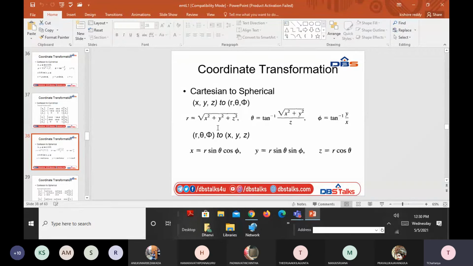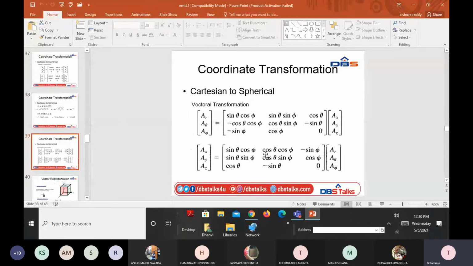And if you want to know the vectors along the sphere and the vectors along the Cartesian, then again we can go for the matrix representation. So I want to know the unit vector along the radius, the vector along theta, and the vector along phi. Then we can frame a matrix representation multiplied by ax, ay, and az.